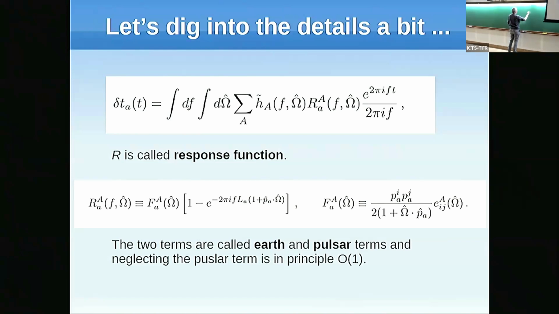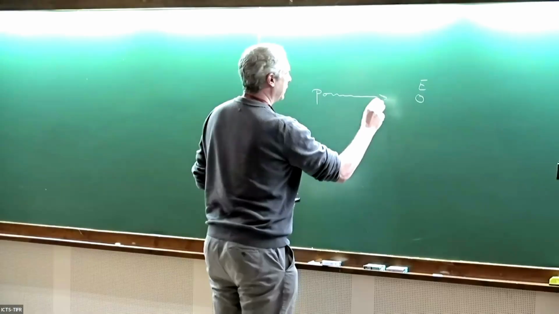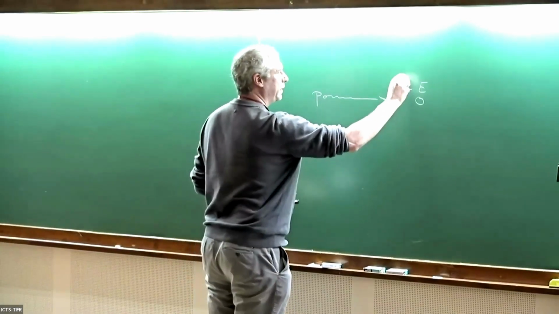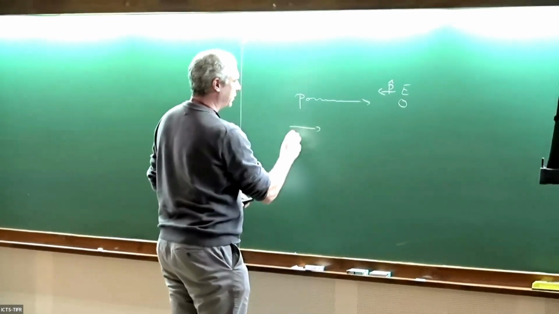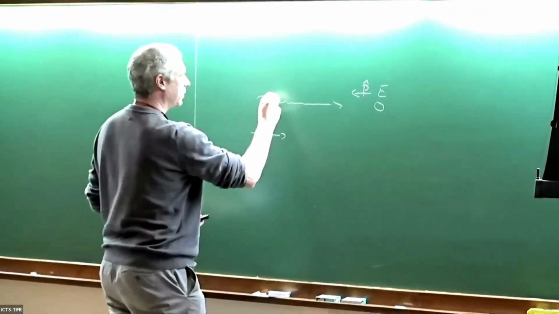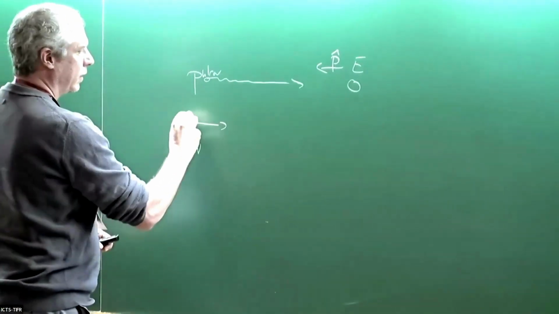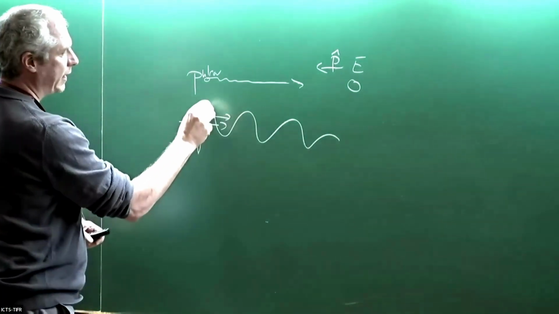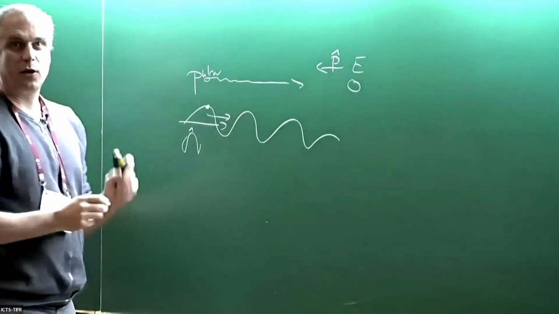And this is kind of intuitive because it's basically dissociation. So let's say you have Earth, you have the pulsar here. So the pulses are traveling this way. And now this would be the vector p, right? This would be the vector omega, right? So basically what is happening is that you have this wave. The wave is traveling in this direction, and the pulse is surfing the wave, right?